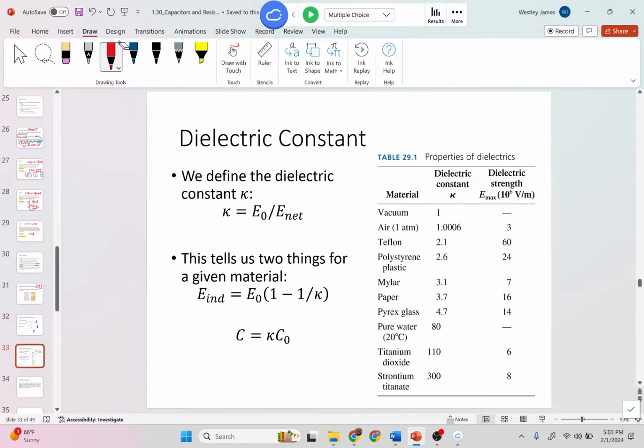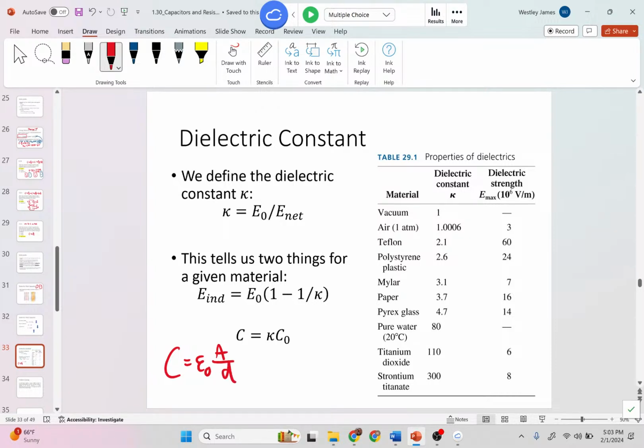I'm going to fast forward a little bit through this. Here's what you need to take away. All you need to know is that if you have a dielectric in something, aka you put an insulator in between a capacitor, remember our original equation for capacitance was epsilon naught A over D?